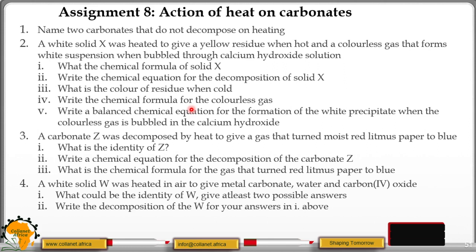Ensure that you do the questions, don't copy from the notes. Integrity is paramount. It actually tests how you are able to comprehend the concepts of this particular lesson.